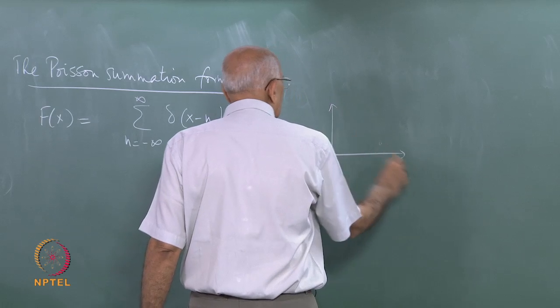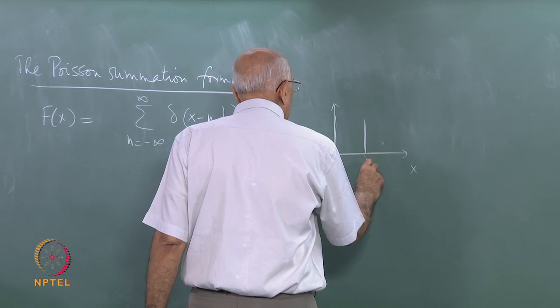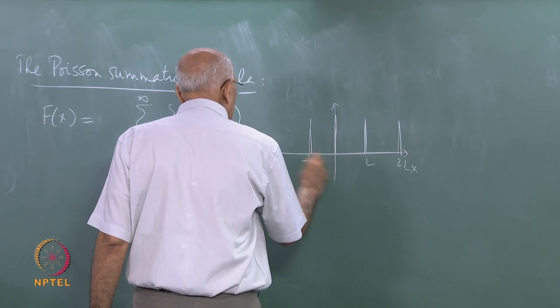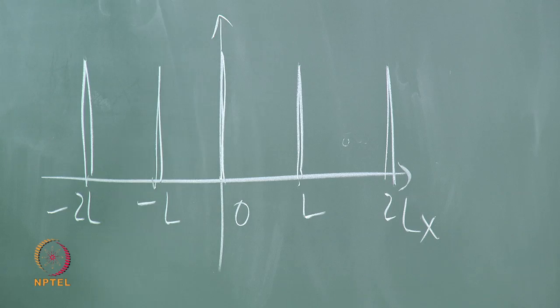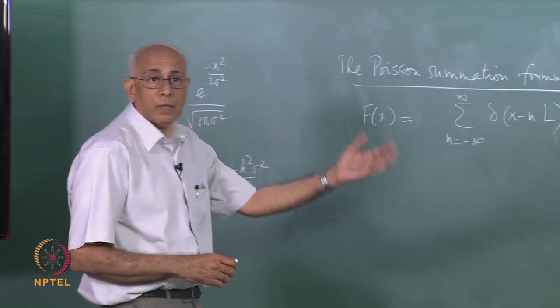So as a function of x, there is one at the origin, there is one at L, there is one at 2L, there is one at minus L, minus 2L, and so on. It is sometimes called the Dirac comb. Okay. Looks like a comb, and it is just a bunch of Dirac delta functions.